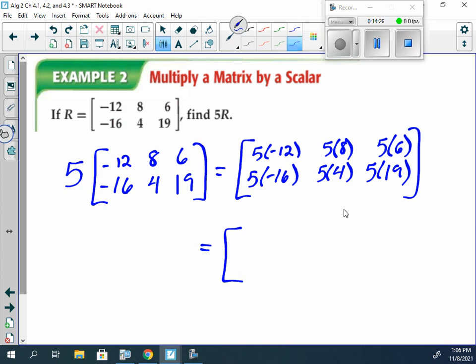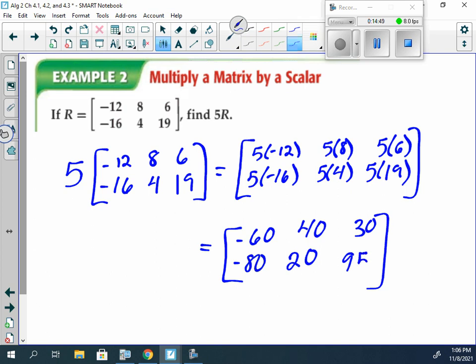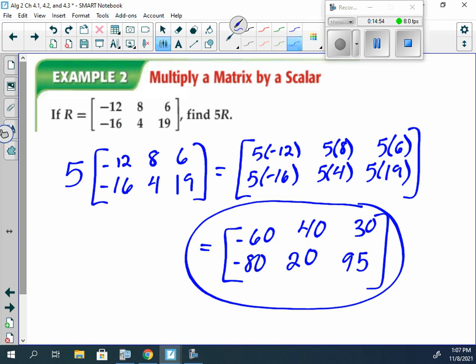And then we just need to multiply them together. 5 times -12 would be -60. 5 times 8 is 40. 5 times 6 is 30. 5 times -16 is -80. 5 times 4 is 20. And 5 times 19 is 95. And that there would be the answer for multiplying by the scalar of 5.